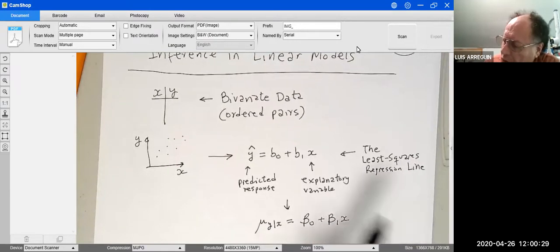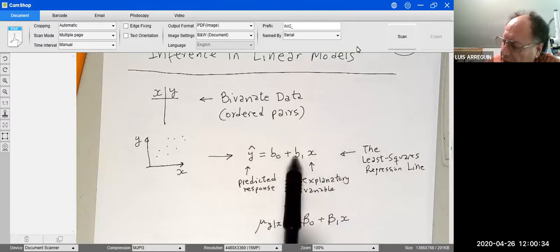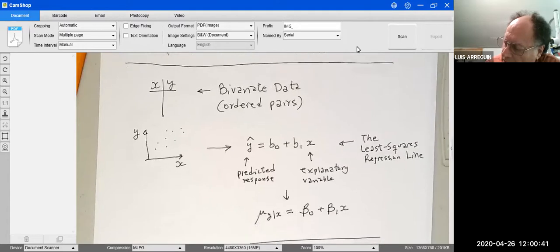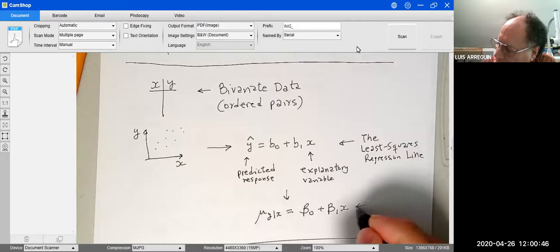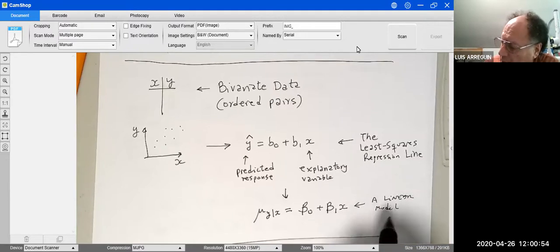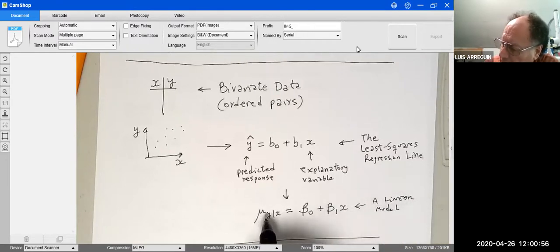So we want more than that. We want to have certainty about the values for the slope and the y-intercept. So by using statistical models, we can create a linear model, and this is going to be for a population where you're going to have now the mean for y values with respect to x being a function of the y-intercept.